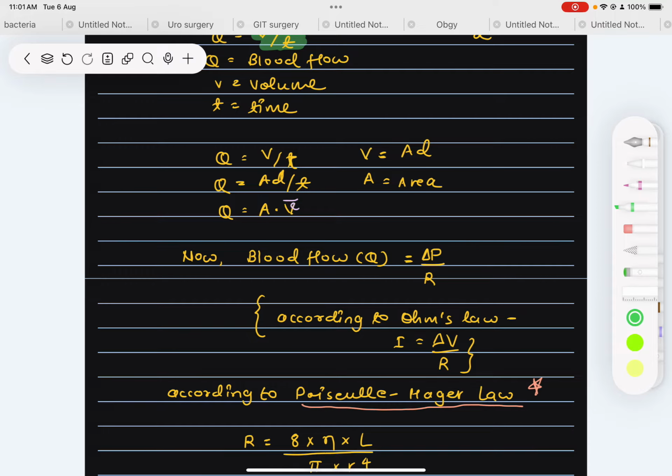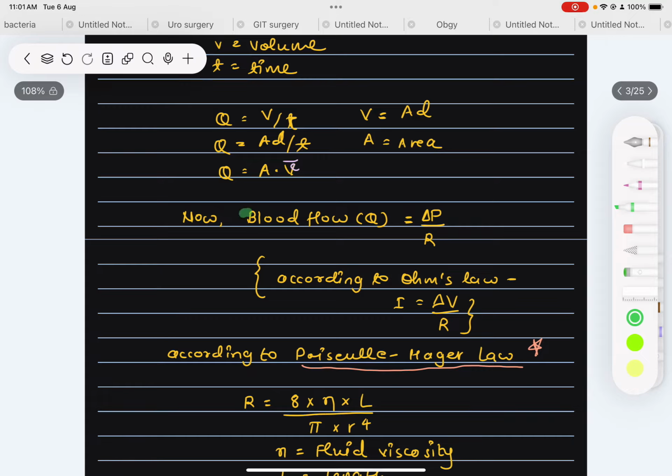Now, you can measure that blood flow is the change in pressure upon the resistance. As we know, there is Ohm's law that we have learned in electrodynamics, which states that any current that is passed is the difference of voltage upon the resistance.